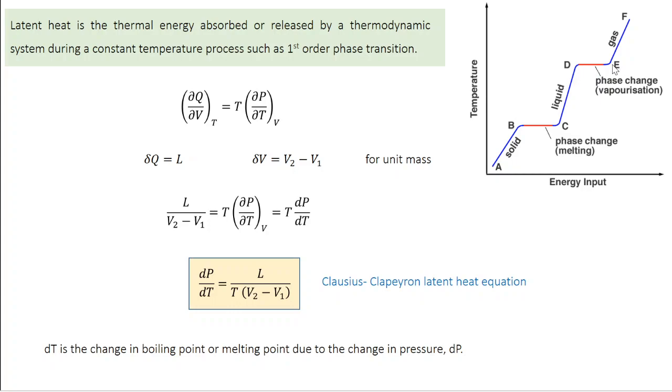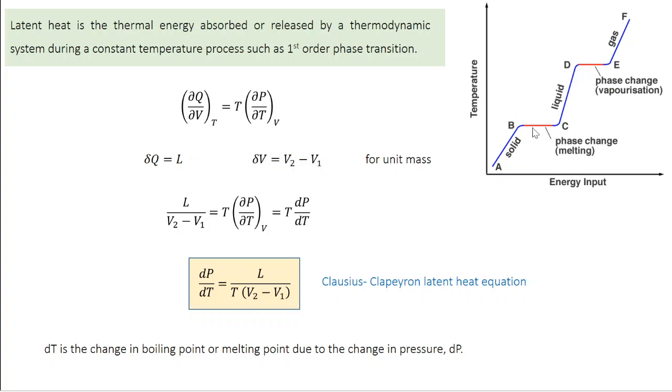Once the entire water gets converted into steam, once again the temperature starts rising as you increase the heat energy. So there are two regions where the temperature remains a constant even though you are supplying heat energy, right? And these two regions correspond to phase transitions.